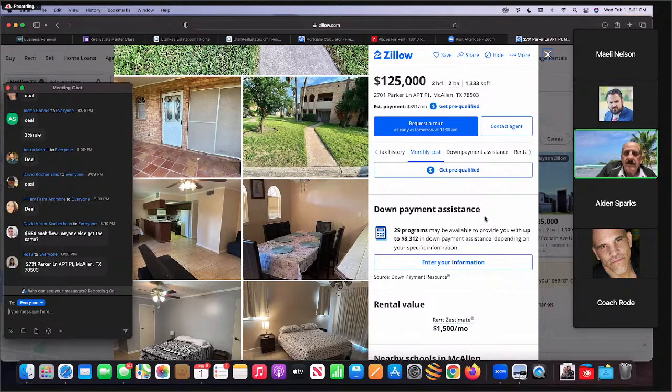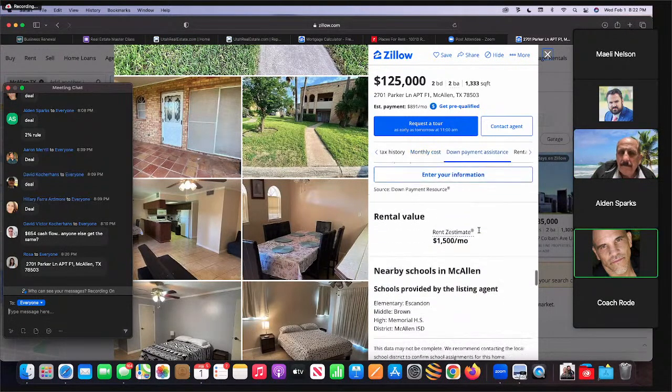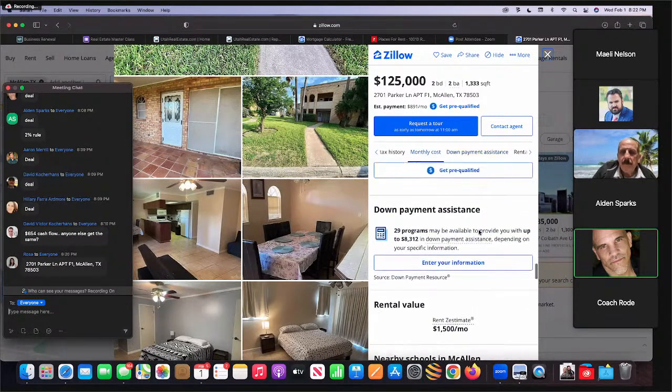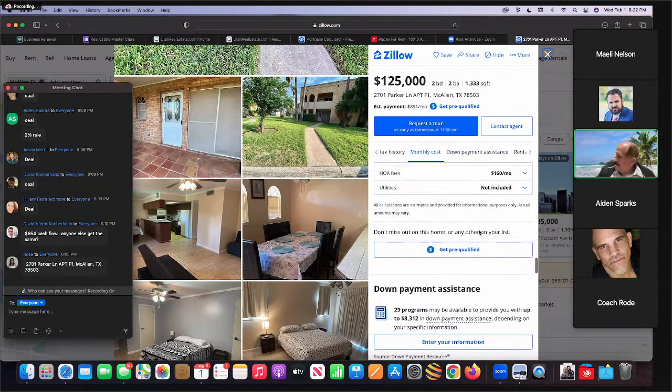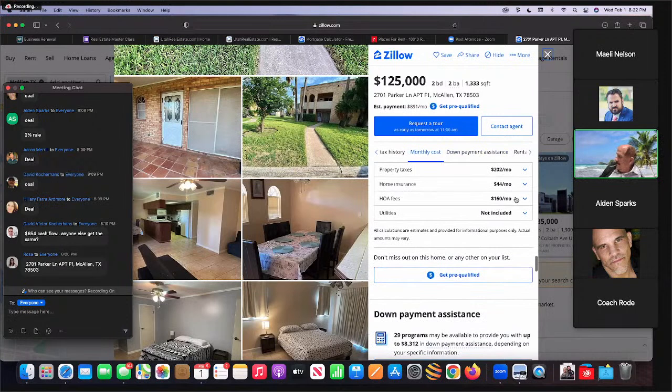I have a question. This is not a condo? Because it says in the address APTF1. Yeah, it is. It said it at the bottom. There's an HOA in there. We're gonna ignore HOAs for the sake of the exercise.